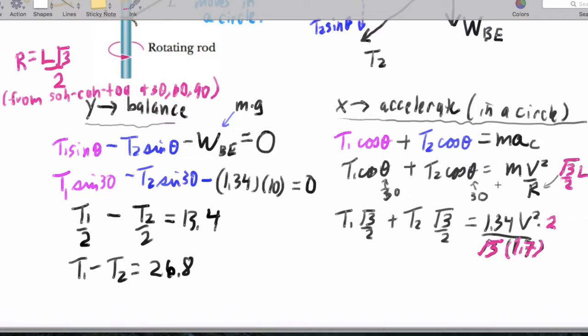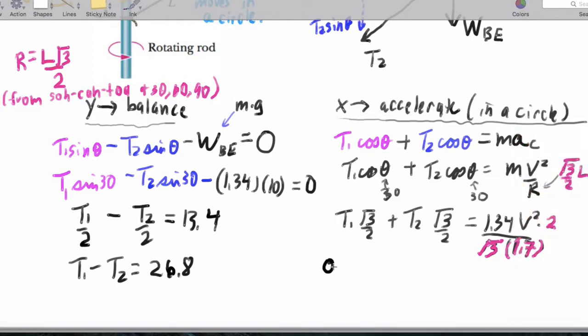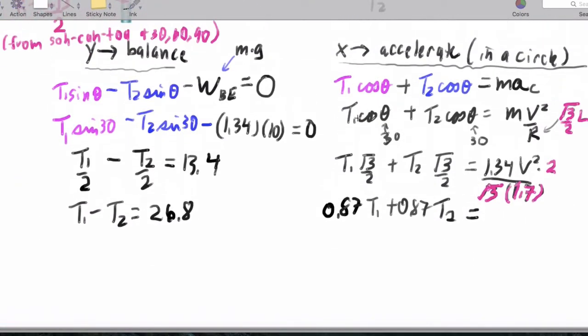And here we go. So this is just going to be 0.87 T1 plus 0.87 T2 equals, all right.